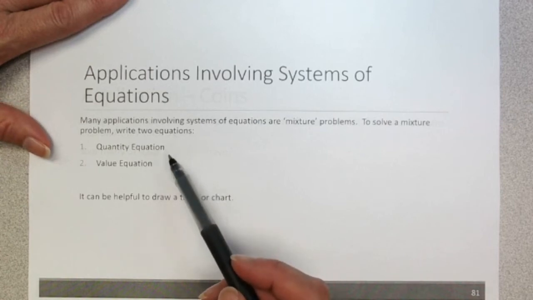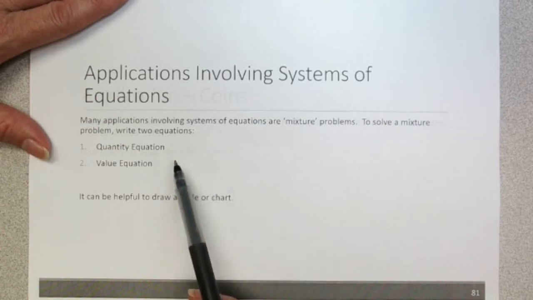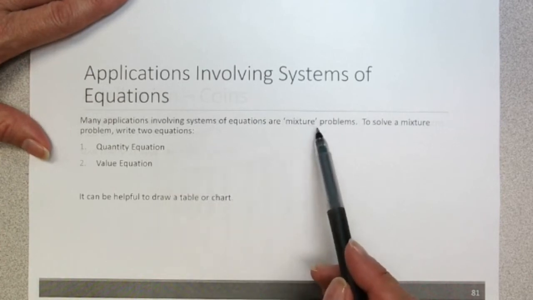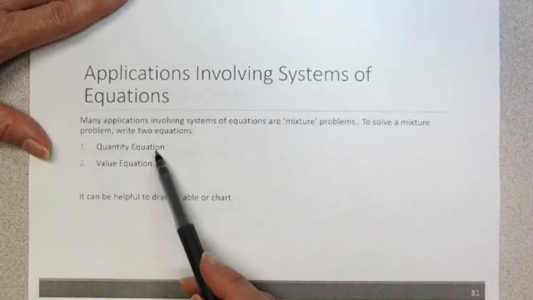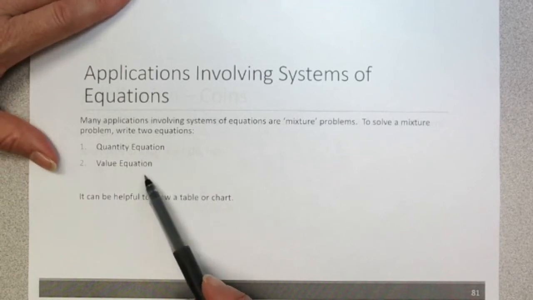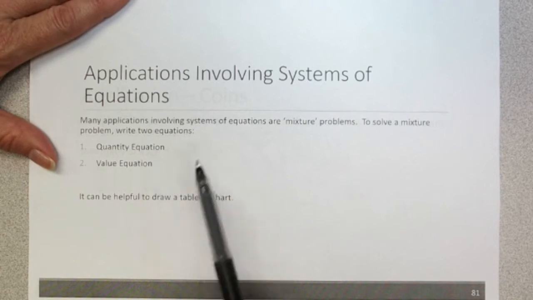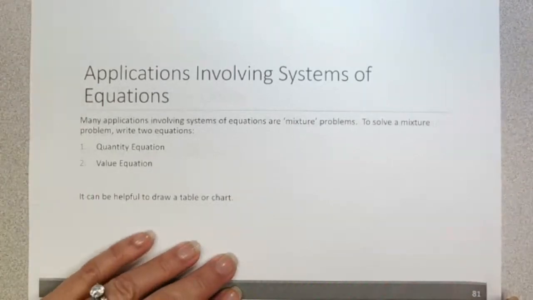So many applications that involve systems to solve them can be thought of as a mixture problem, right? A mixture problem is one where you have a quantity equation and a value equation. So if I can look at the application and think about a quantity equation and then maybe a value equation, write those two equations, that would give me the system that I then need to solve.